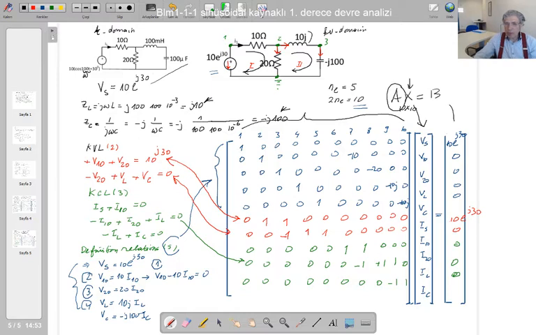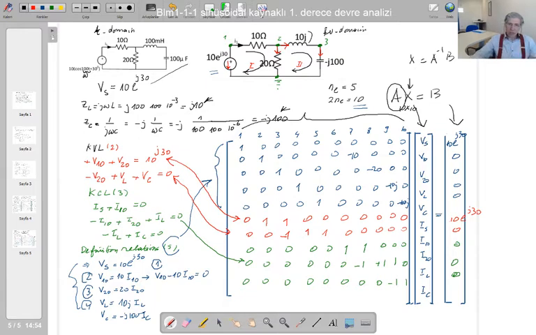And the B matrix is the known matrix here, a column matrix. In this matrix, we've got all knowns. The solution is going to be X equals the inverse of A multiplied with B. So that is the classical method using the phasors method. At the end, what we are going to find, these 10 unknowns, are the phasors, either voltage phasors or current phasors of all the elements inside the circuit.